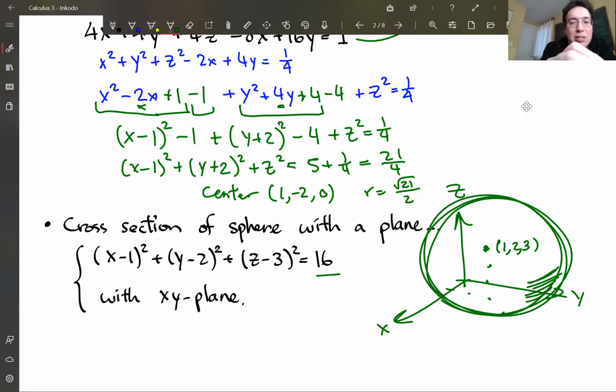So if you imagine it, there's a cross-sectional area. I don't know if you can imagine. So the blue circle is sitting on top of the XY plane that's on the floor. So if you take the sphere and cut it at the XY plane, what is the equation of that circle?